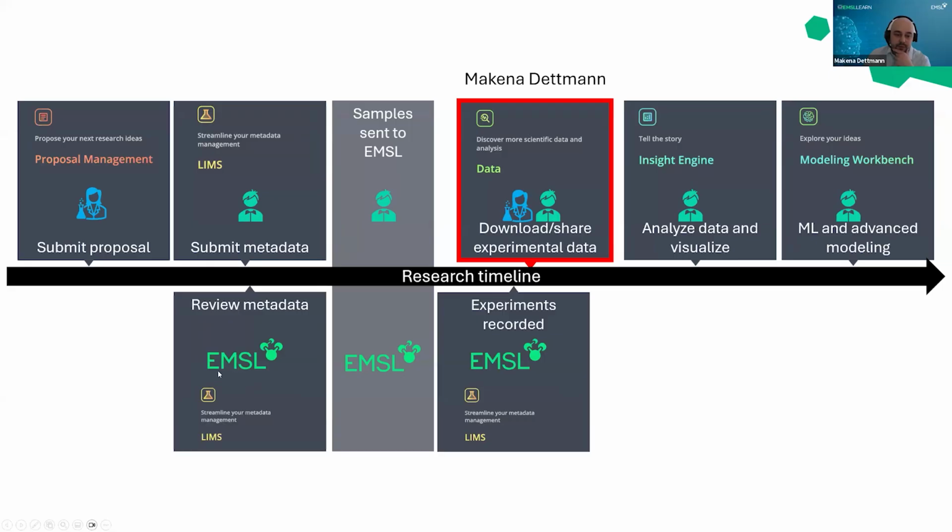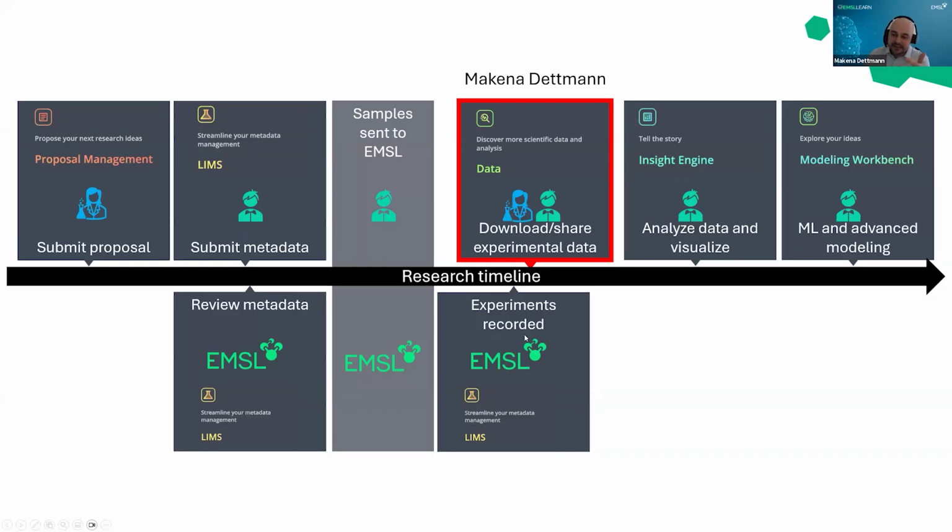Using that same portal, the EMSL staff would review the metadata. And once it's approved, the research group would send the samples to EMSL. At the same time, there's an integration between the metadata submission portal and L7, where those samples would appear digitally in L7 with a connection to the metadata submission portal.